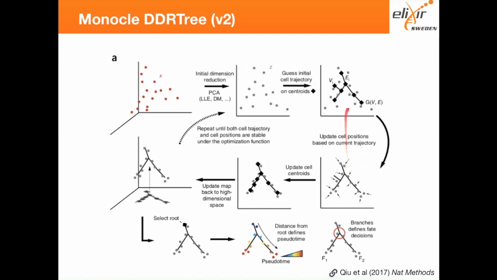Since your cells are quite far from this point, what you try to do is assign those points to the closest part on the tree. For example, these points would be closer here and there. Then you update the centroids to match these distances as well. And then from this one, you try to reconstruct your data again, like from a linear to a three-dimensional, and compare to this one.